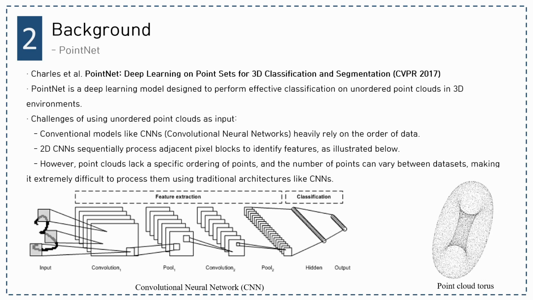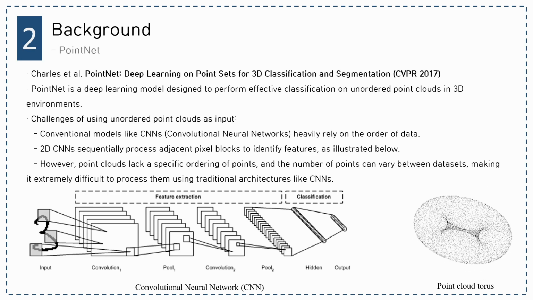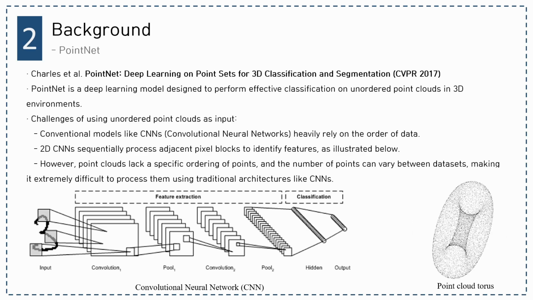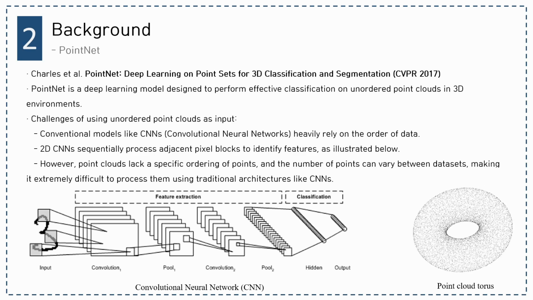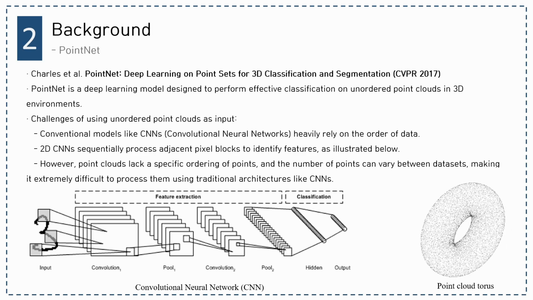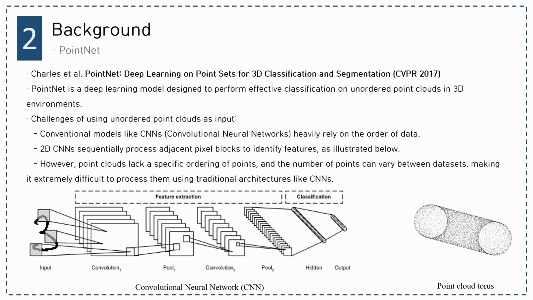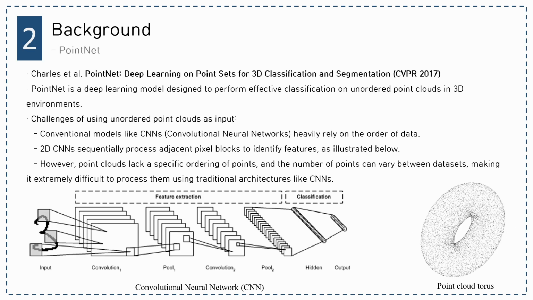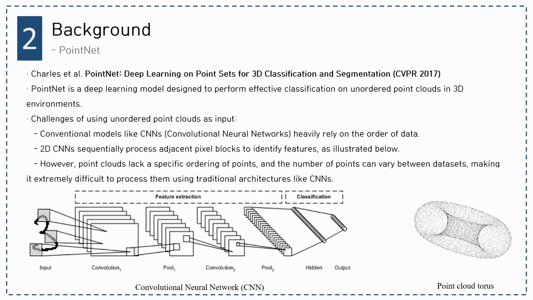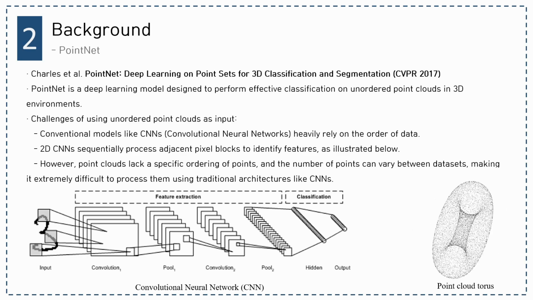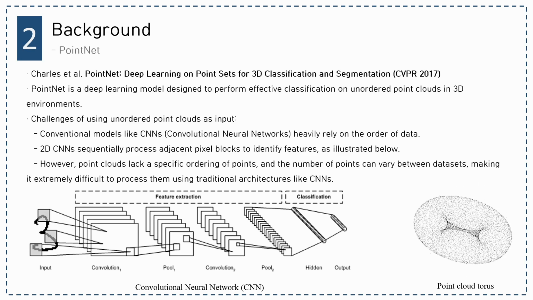Representing this as a single dataset is complex, and data size becomes very large. In the field of hand-object interaction denoising, the hand and object are thus represented as point clouds. However, using unordered point clouds with existing technology is nearly impossible.